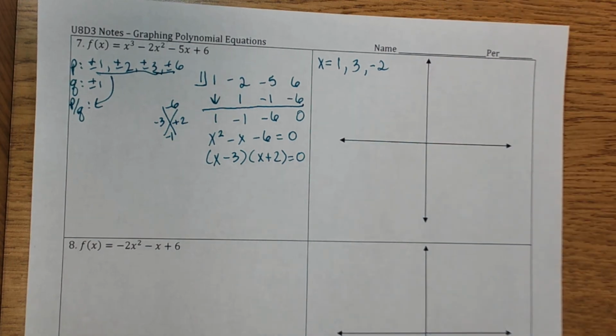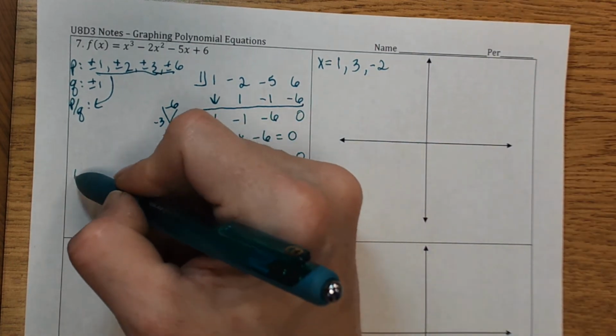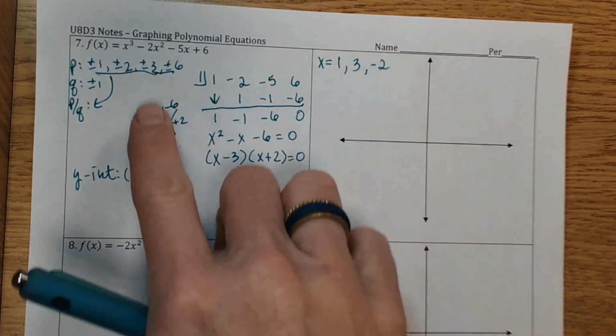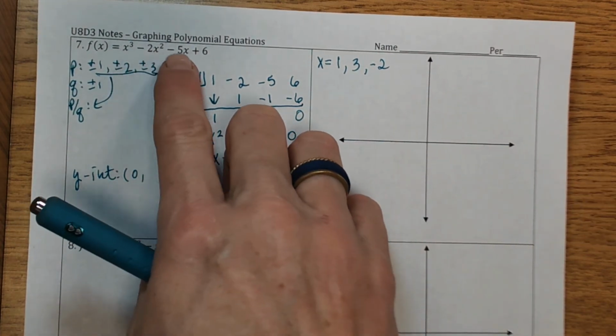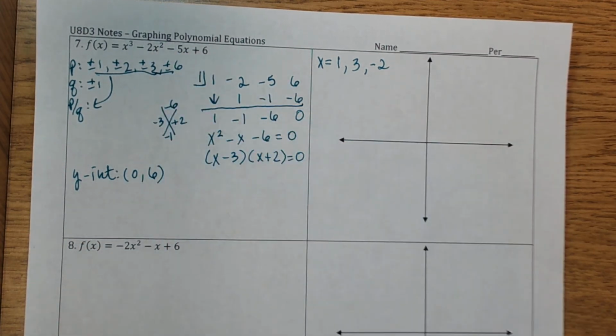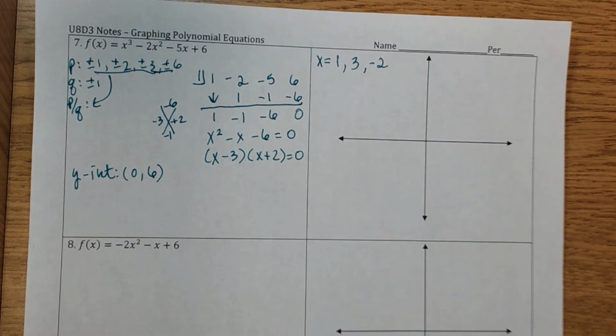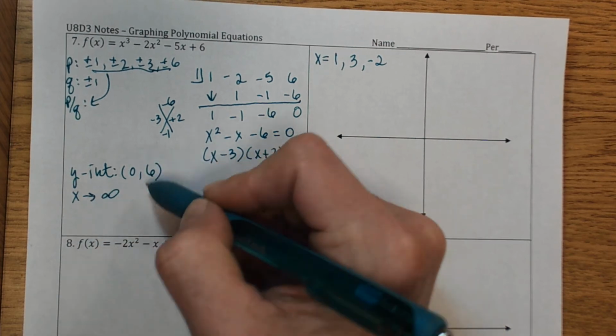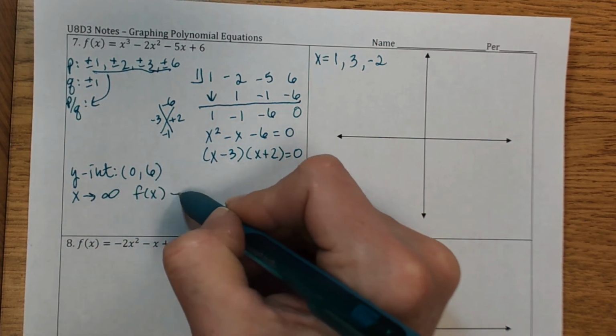All right, so now I need to find my y-intercept. My y-intercept, again, is when x is 0. That'll be 0, 0, 0, so again, it's just that constant term. So (0, 6) is my intercept. And then I want to talk about my end behavior. As x approaches infinity, what does f of x do?